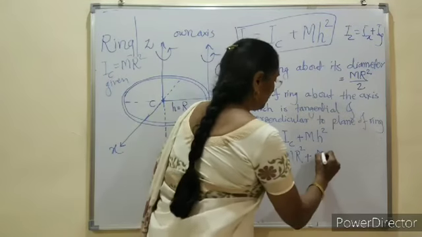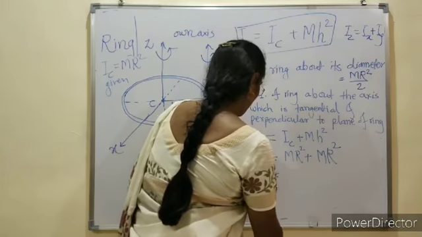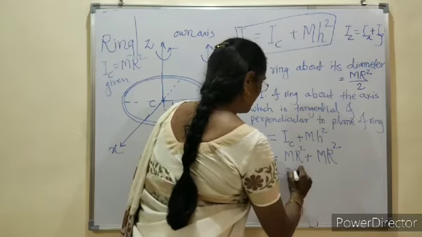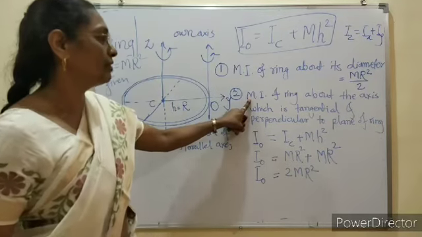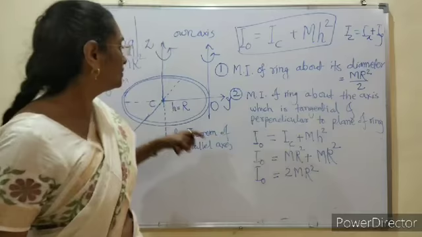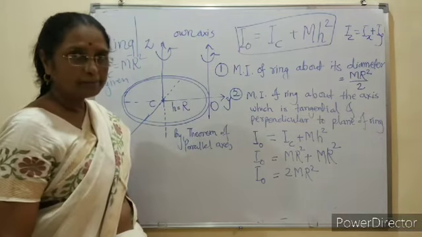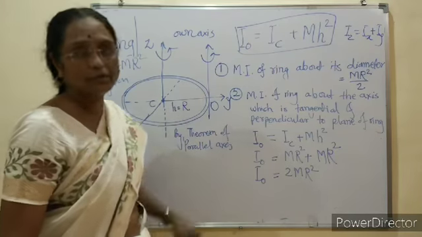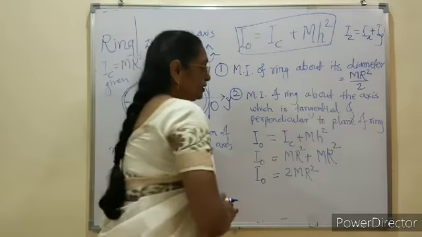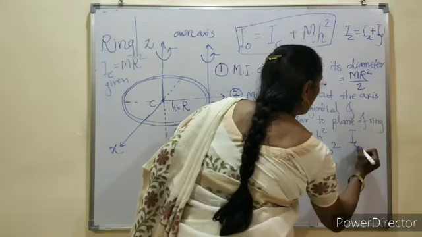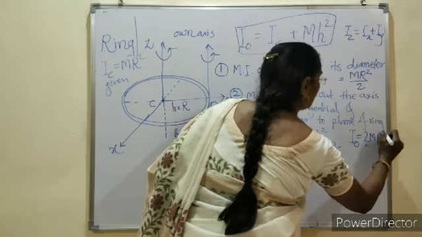Now substituting for the second term, H is equal to R, so we get IO is equal to twice MR square. This is the moment of inertia about this axis which is tangent to the ring but perpendicular to the plane of ring. The answer is IO equal to twice MR square.